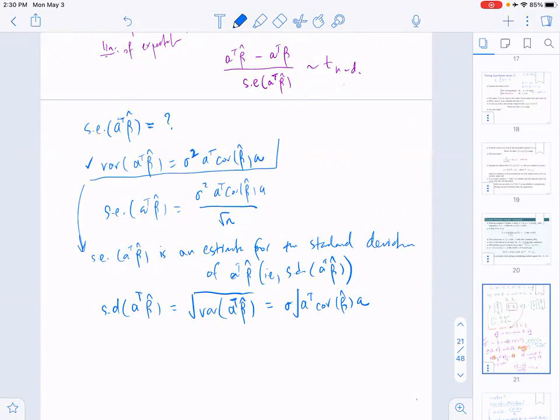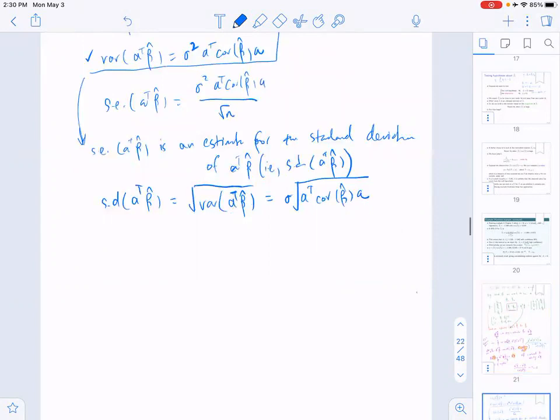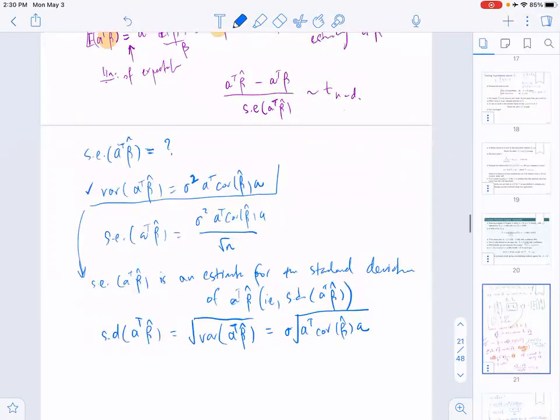No, root here. Okay. That's actually not correct. This is A transpose covariance of beta hat A. So there's no extra sigma squared; sigma squared is in the covariance of beta hat.